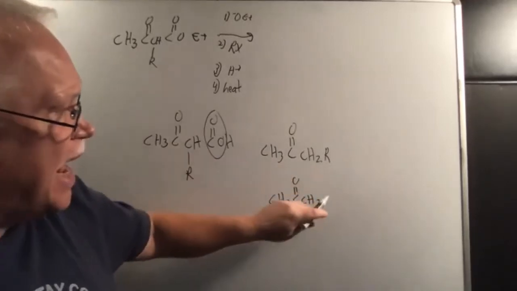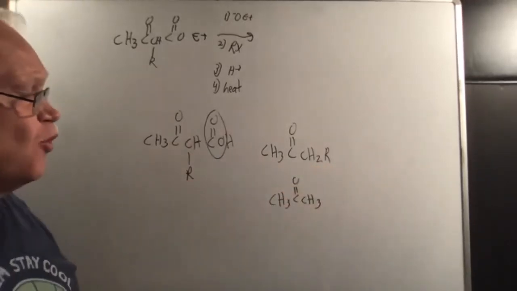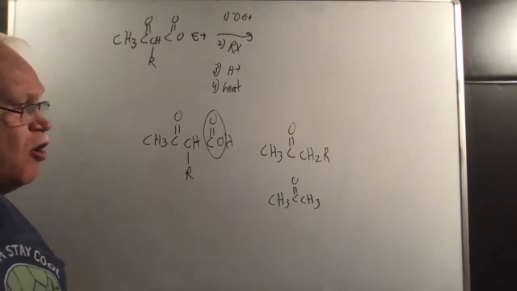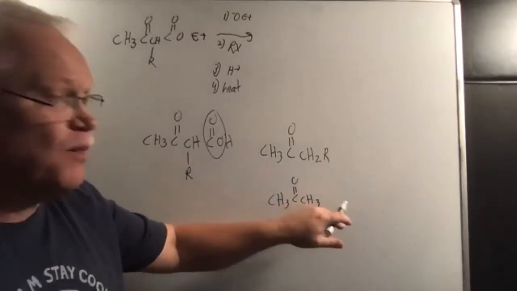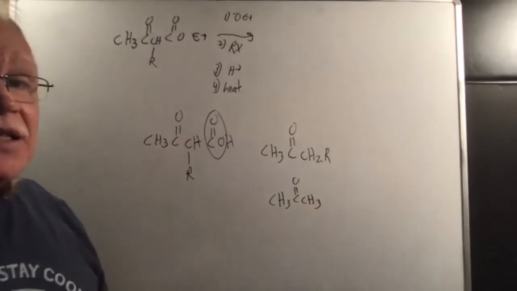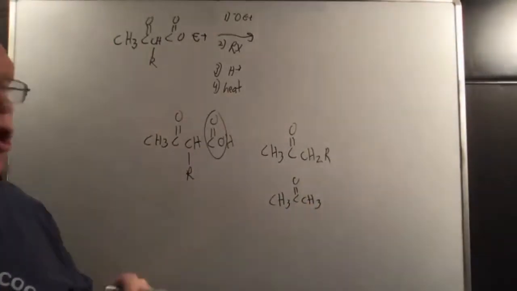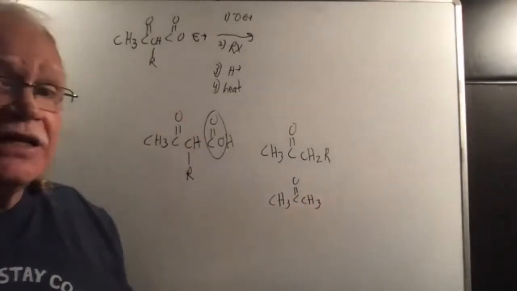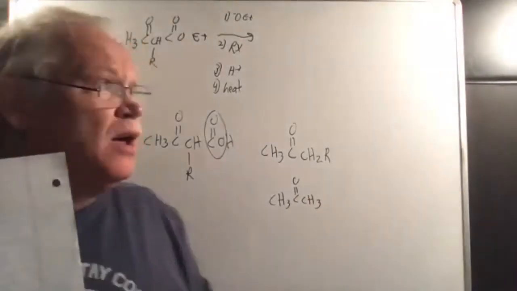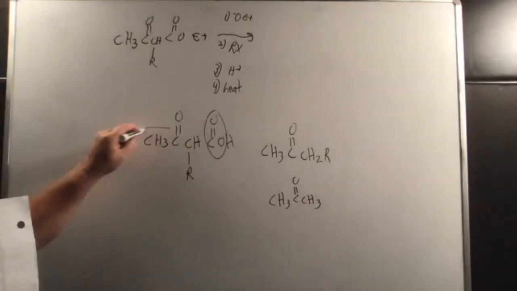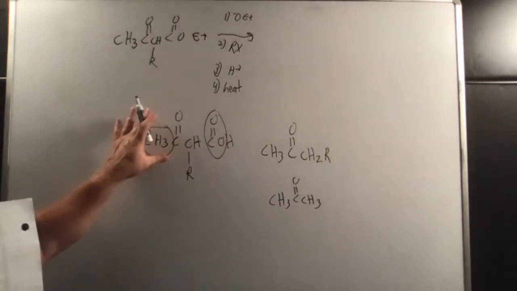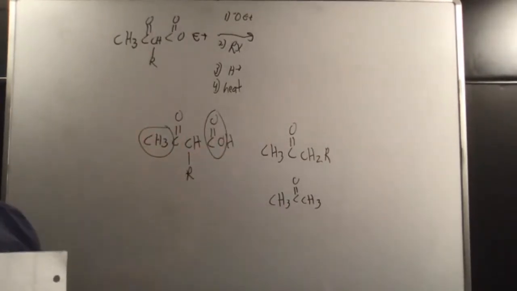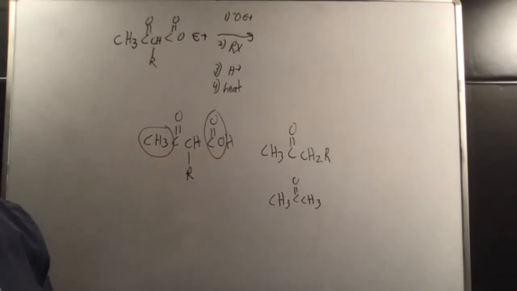So notice what happens. One of the hydrogens gets replaced by an R group. We can also replace 2 of them. But this is a nice reaction. If we were to replace 2 of them, we would replace them on the same carbon, because notice this carbon was never affected because it was not nearly as acidic as this carbon, the hydrogens on this carbon.